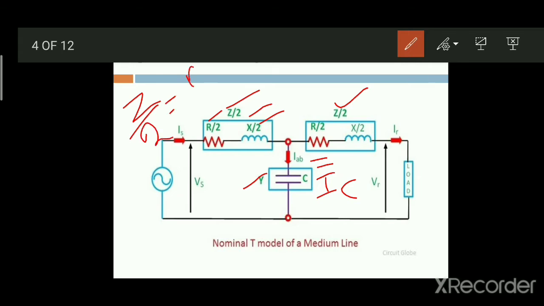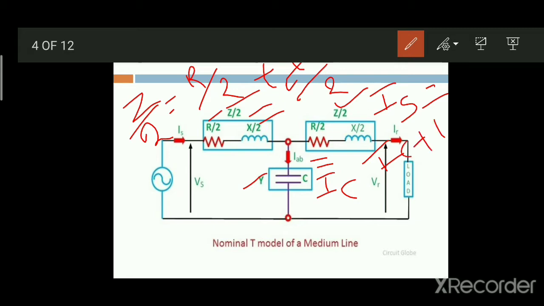The sending end current is divided into two parts, that is Is is equal to IC plus IR, where IC is the current flowing through the capacitance and IR is the current at the receiving end.